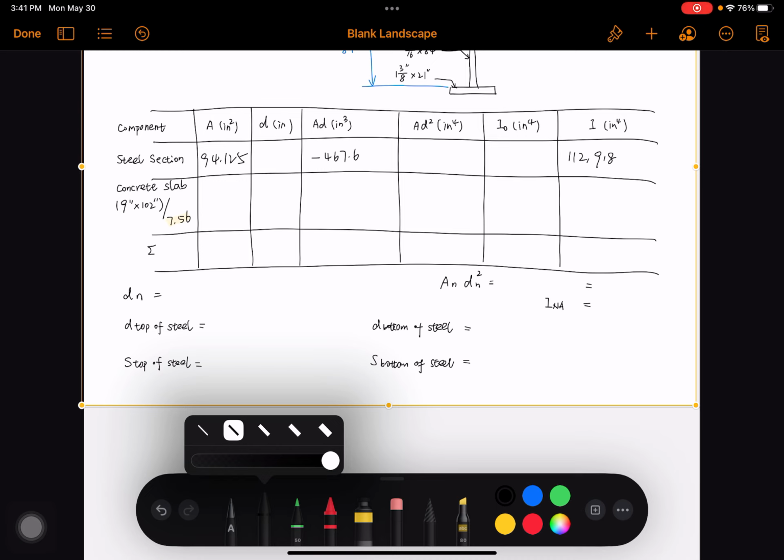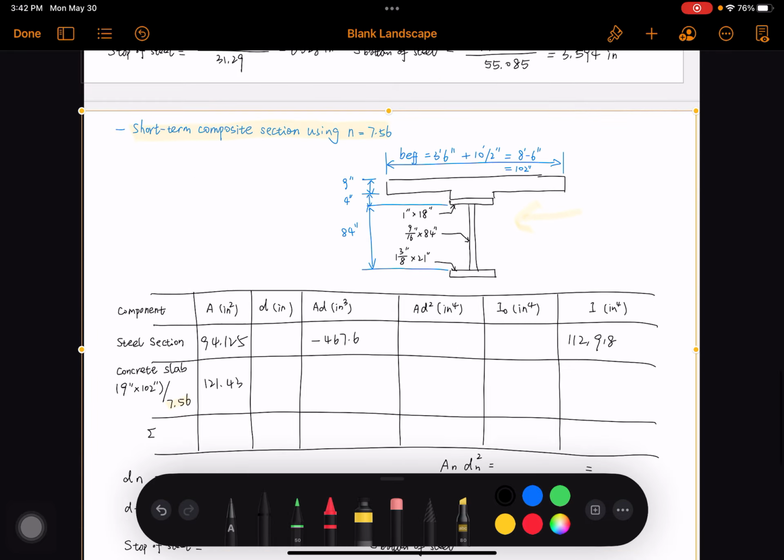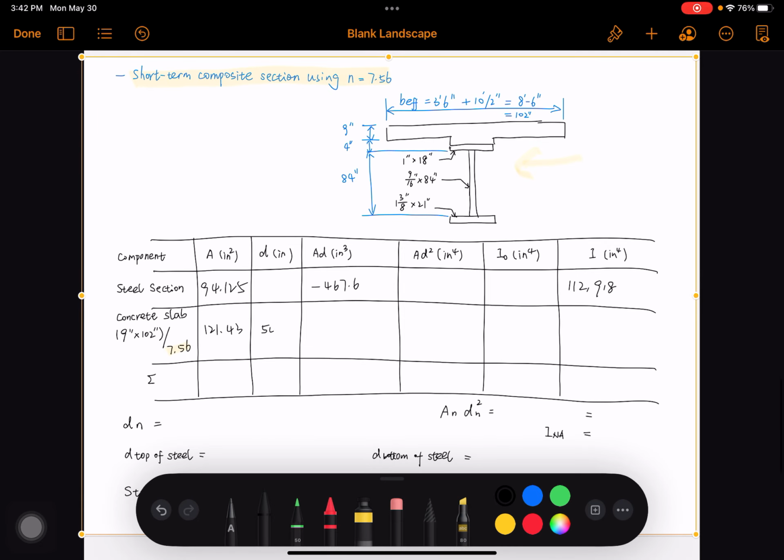For the concrete slab calculated based on N, its area is 1 to 1.43, which is 9 inch times 102 inch divided by 7.56. The D is the same as the long term, which is 50.5. AD is 1 to 1.43 times 50.5, which gives 6,132.